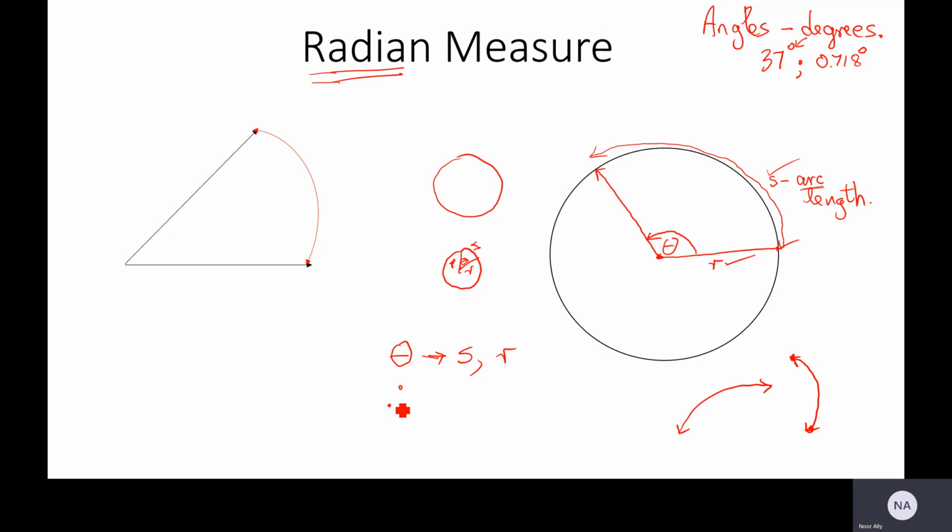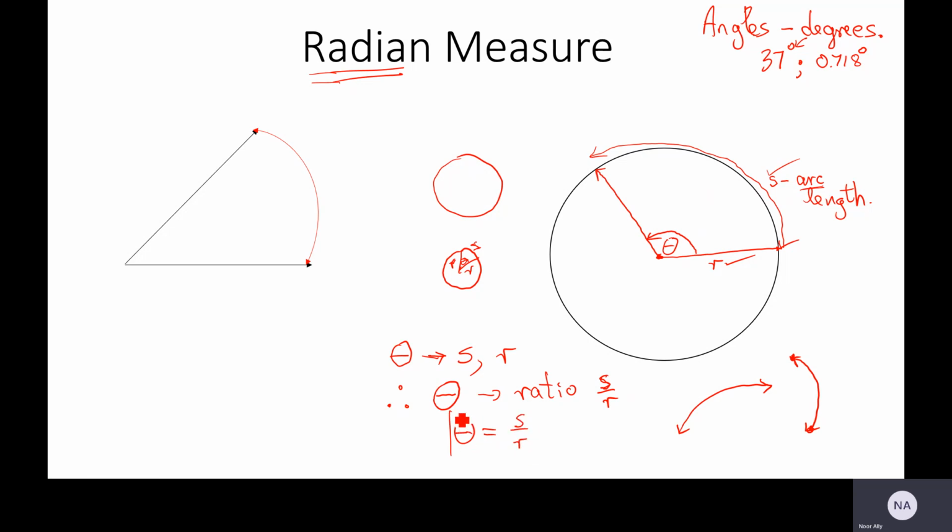So in effect, we can say that the angle theta is actually dependent on the ratio of the arc length to the radius, and there we obtain a mathematical equation.